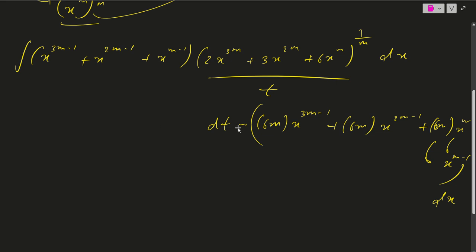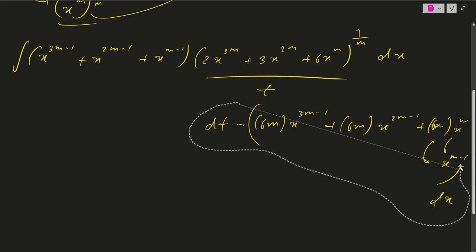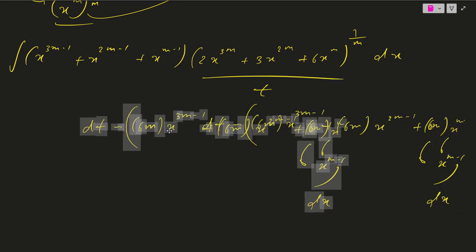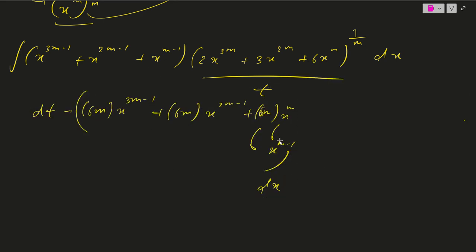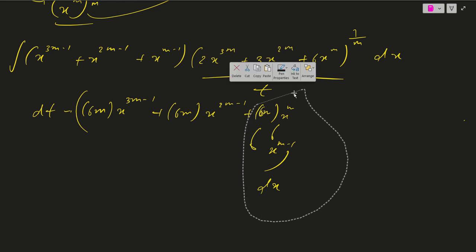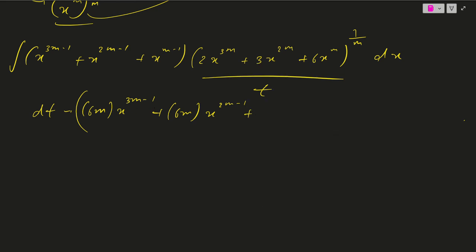Taking 6m common, that is x^(m minus 1). Let me shift it a little bit. So dt is 6m x^(m minus 1) dx.